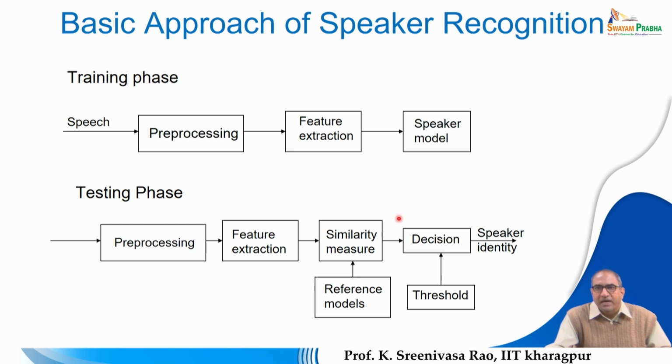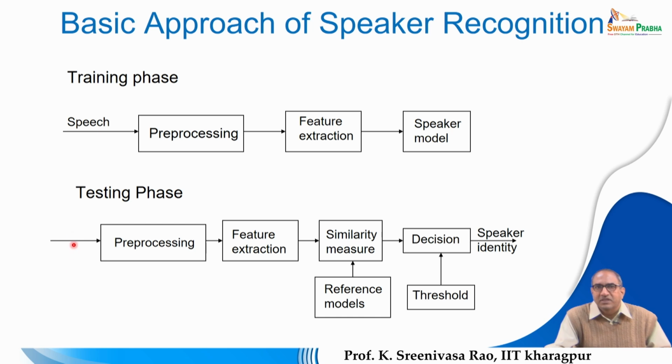Suppose we need to identify the speaker identity among 50 speakers, then we have 50 speaker models, and the features extracted from a test utterance will be validated with respect to all 50 models, and then based on the maximum probable score we will make a decision on who the speaker is.